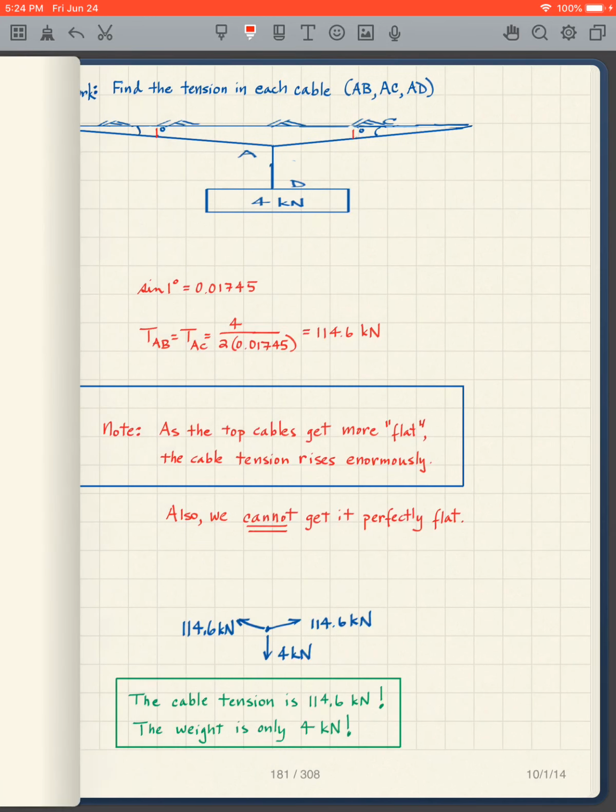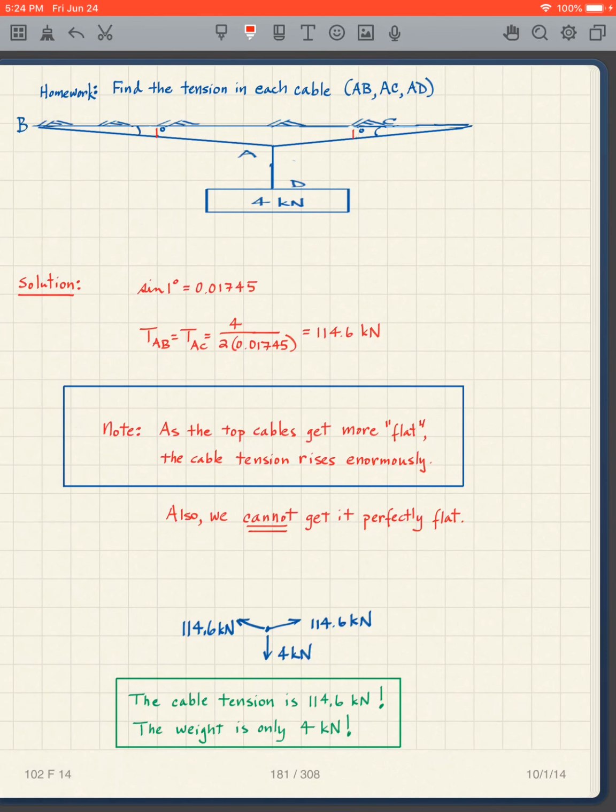So what do you get for 1 degree? Well, there's my answer. I get 114.6. Now notice, the tension in this cable is 114.6 kilonewtons. We're only holding up 4.